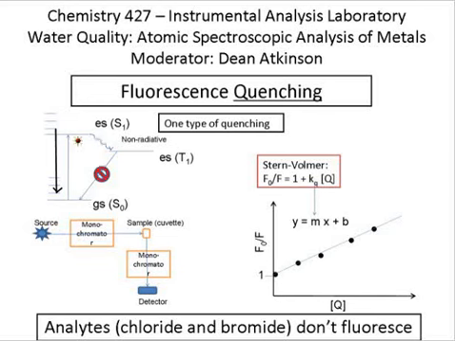This process, when it takes place, is referred to as quenching. This is one type of quenching. There are other different physical phenomena that are also described as quenching. This is one type of quenching where you take yourself from the singlet state to the triplet state, and the reason that this is described as quenching is that the triplet state, because it's a triplet state and not a singlet state, is not allowed to generate a photon in returning to the singlet state.